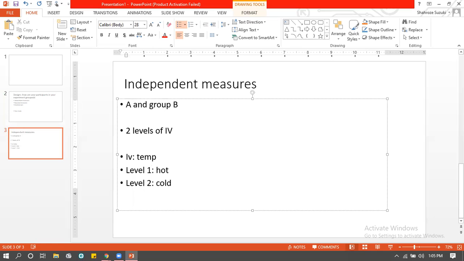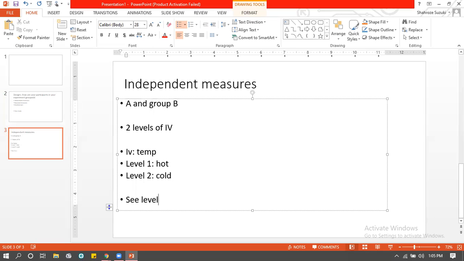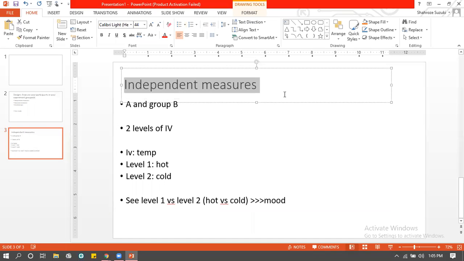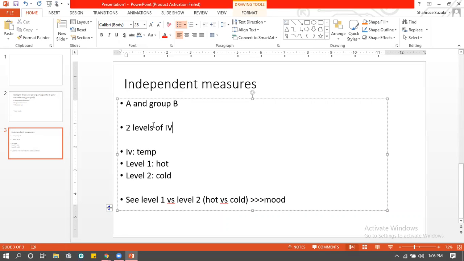You want to see hot versus cold, as to how it affects a person's mood. So in independent measures, you're going to have at least two groups.